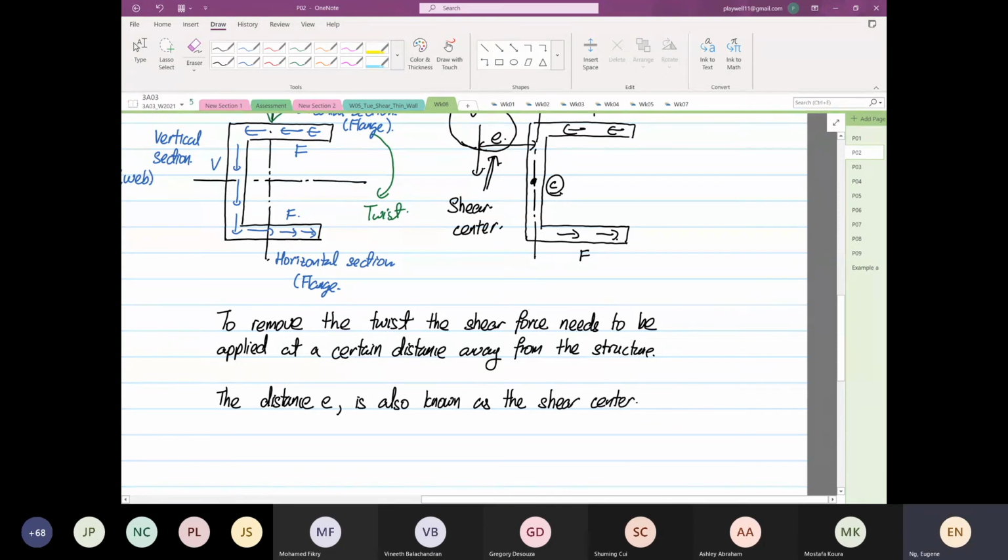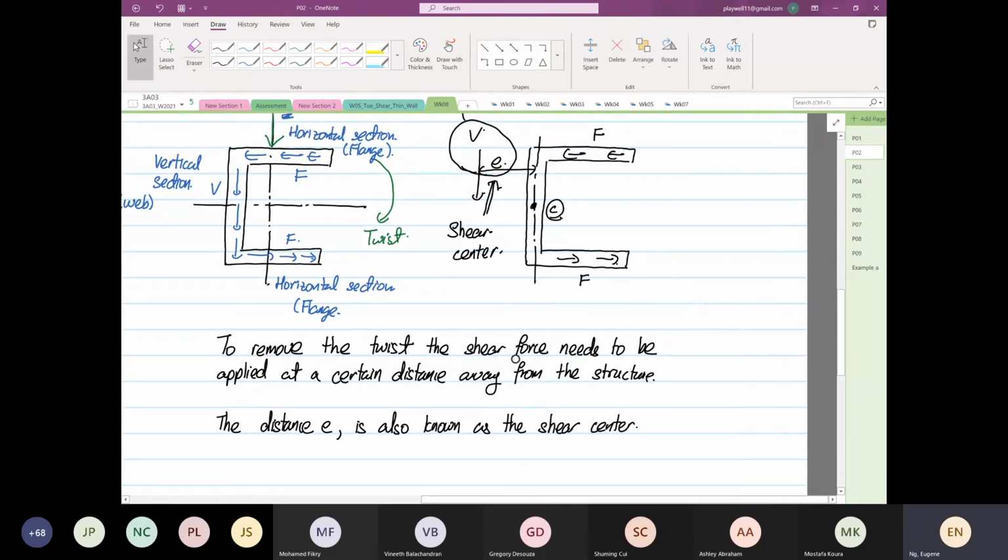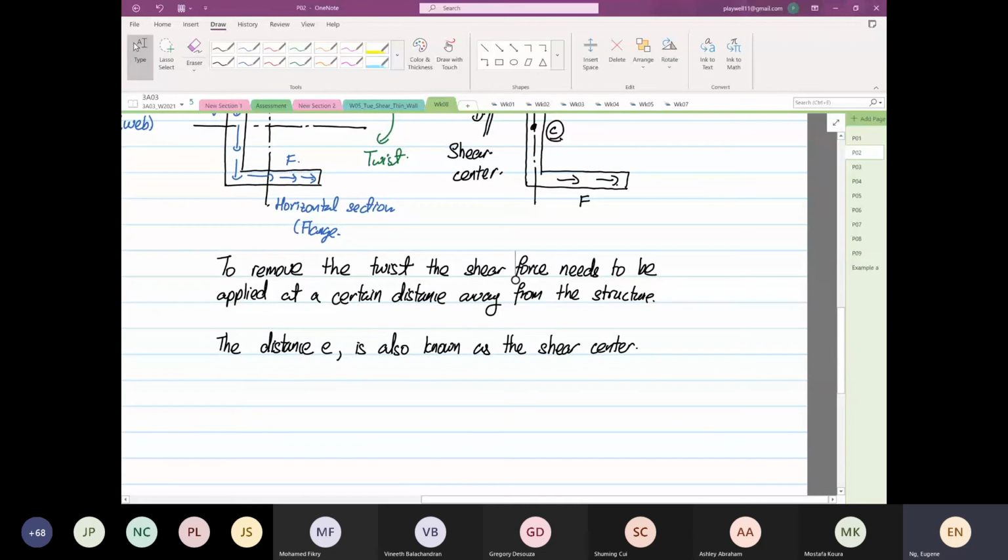So to calculate F, to determine F, all you need to do now.